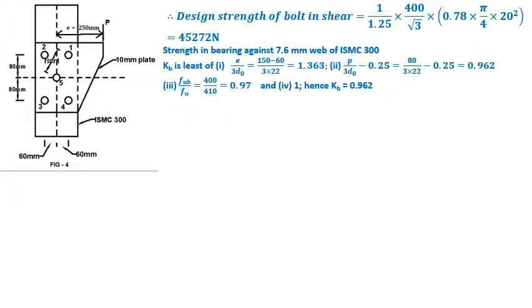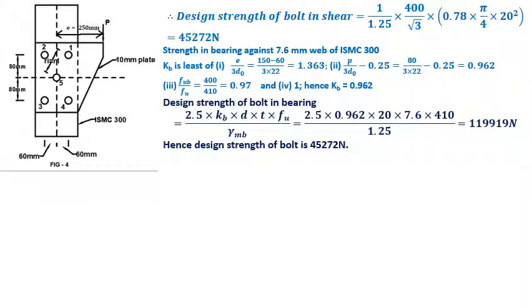Therefore, design strength of bolt in bearing is given as 2.5 into 0.962 into 20 into 7.6 millimeter, the thickness of the web, multiplied by 410 upon 1.25. That is 119919 Newton. Hence, design strength of bolt is 45,272 Newton.